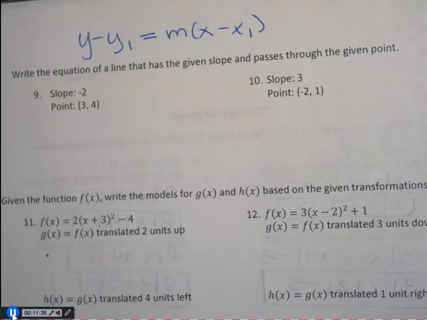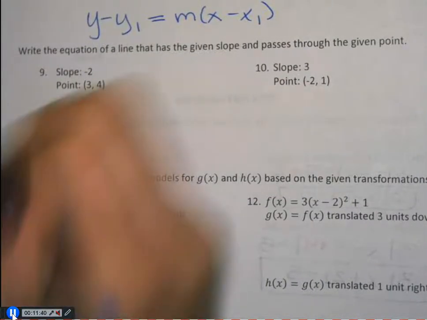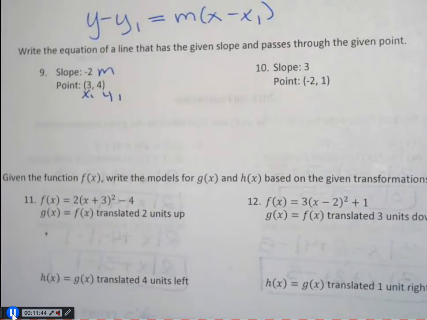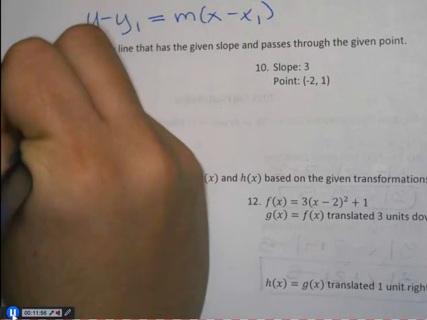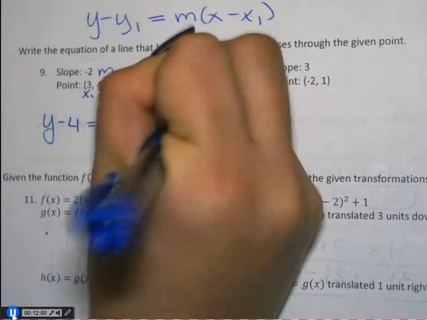Okay, so my slope is m. My point is x1, y1. So Armando, to answer your question, this is the formula I would use. Okay, so I'm going to literally plug all of these in. It's going to be y minus 4 equals negative 2 times x minus 3.